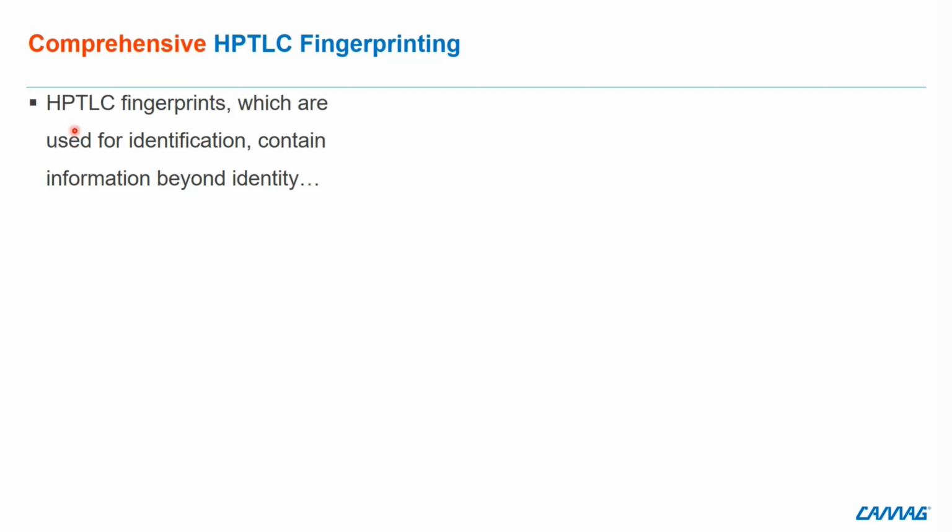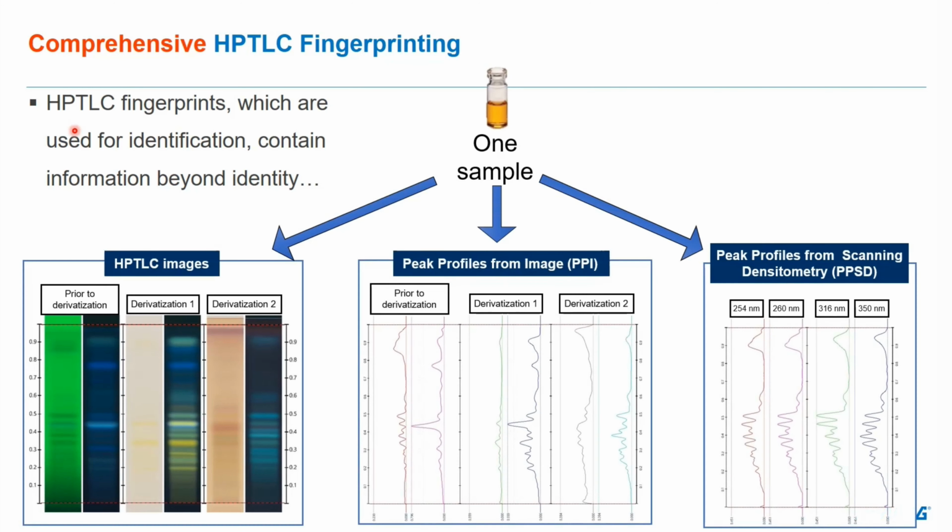So the strength of the HPTLC fingerprint is in the huge information obtained from each sample with one separation. The plate is an archive of separated substances because they are staying separated and bound to the stationary phase after chromatography. And this offers the possibility to detect many times in different illumination modes and with different excitation wavelengths.